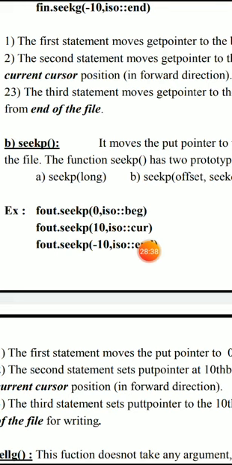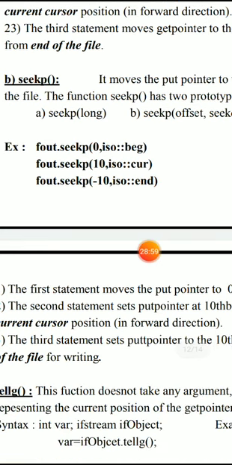Like in the second example, fout.seekp(10, ios::cur) means it will place the cursor from the current cursor position to the 10th character position. That means this function moves the put pointer 10 characters from the current cursor position.